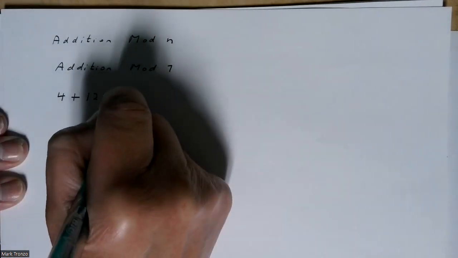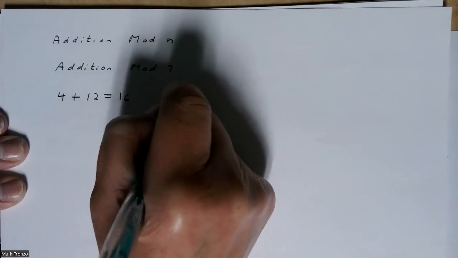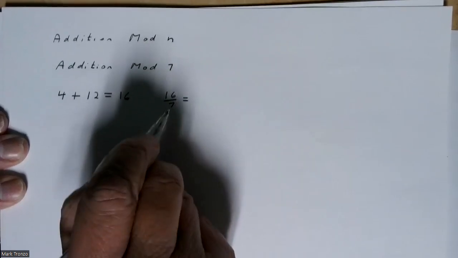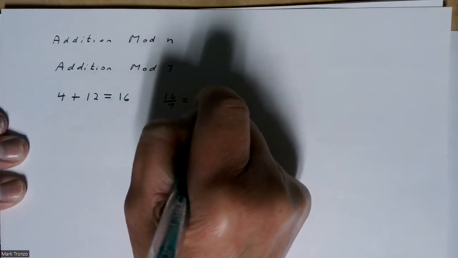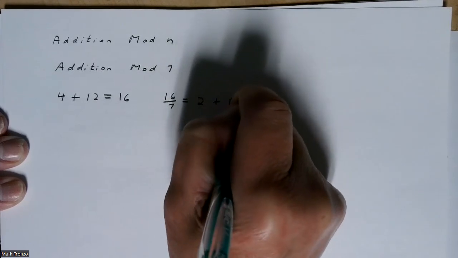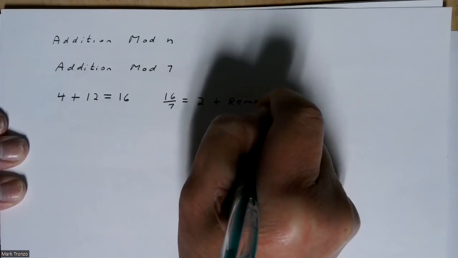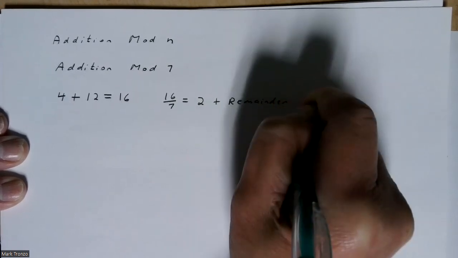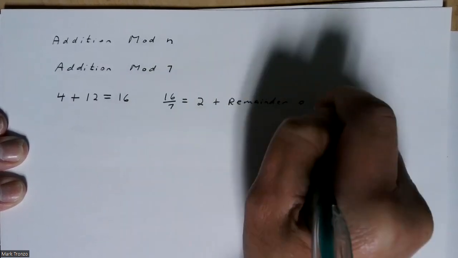What that means is, let's say you're taking two numbers, 4 plus 12 gives you 16, but then you divide 16 by 7, and that gives you 2 plus a remainder of 2.